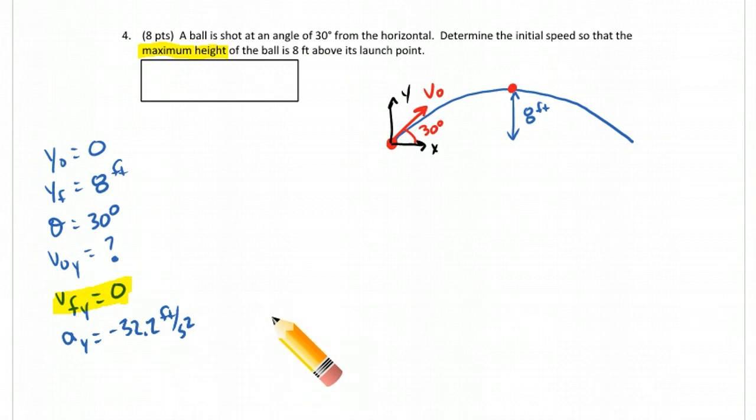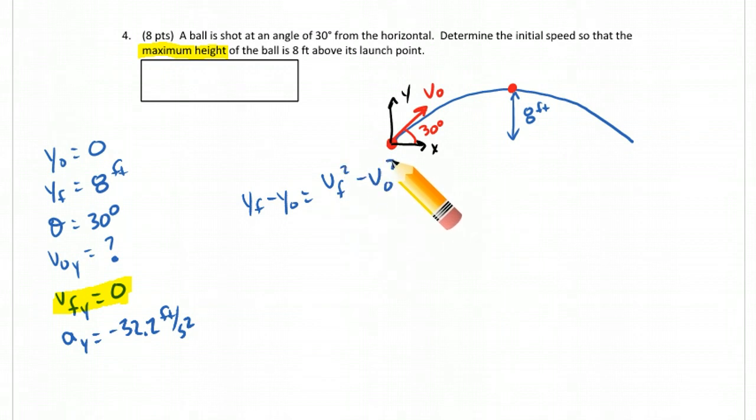Alright, so if we use our y equations and look at these values here, we have one that says y final minus y initial is equal to v final squared minus v initial squared, in y, over 2a. So we know everything except our initial y velocity. That's what we want to find.